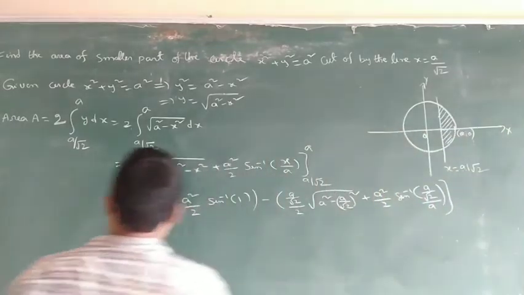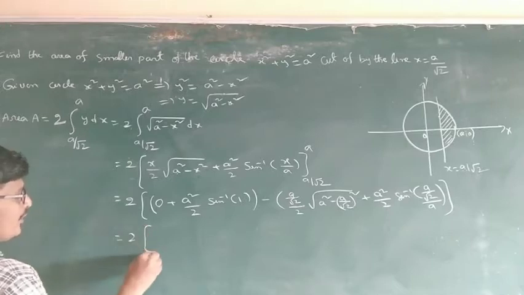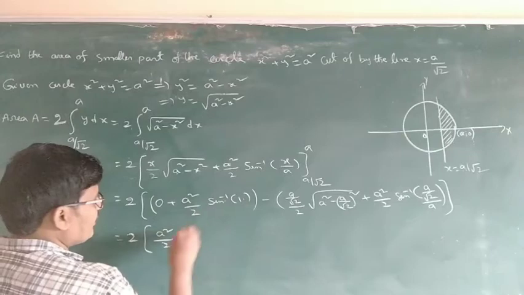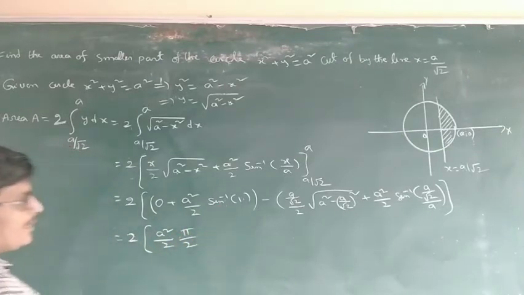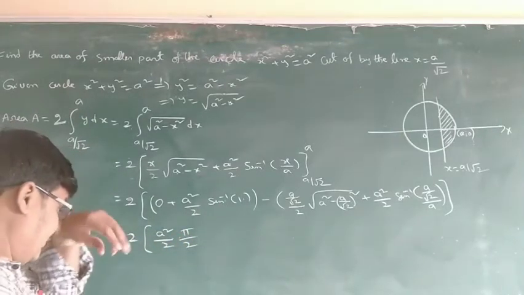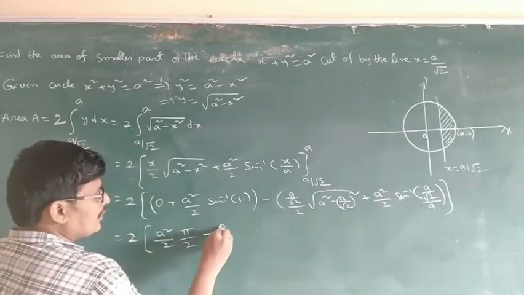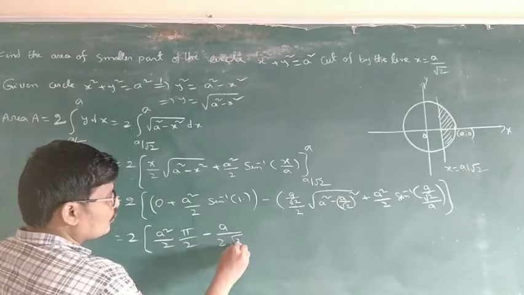So that is equal to 2 into a square by 2 into sin inverse 1, which is pi by 2, minus a by root 2 by 2, that is a by 2 root 2.